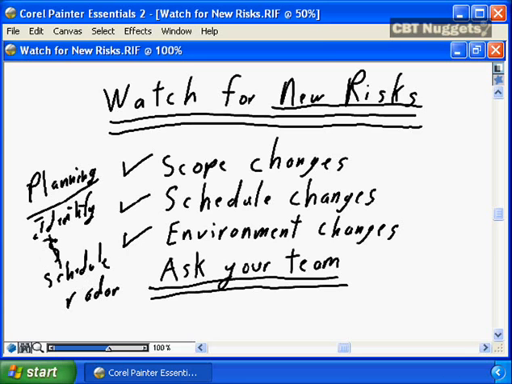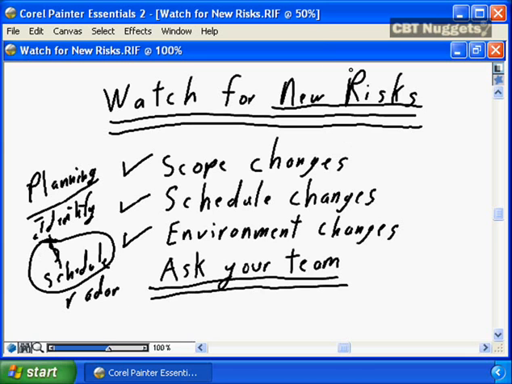And where appropriate, based on the impact, the probability of the risk, the need for additional funding, the need for additional schedule allocations, you may need to go back to the sponsor, you may need to go back to the business to say, there is a new risk identified, we need to allocate an additional $5,000, or we need to allocate an additional week or 2 weeks worth of schedule contingency to ensure that we can deal with the risk proactively.